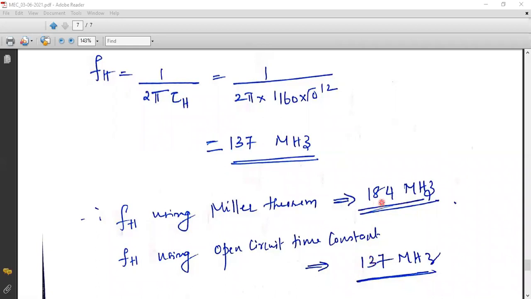Even though the calculated value is showing 184, if you are designing, or if you are giving your input till 140 or 145, again you will be having less gain, or attenuation will be severe, because the actual value is different from the approximated value by using Miller equivalent. So the only advantage of Miller theorem is avoiding the complicated steps. Clear?